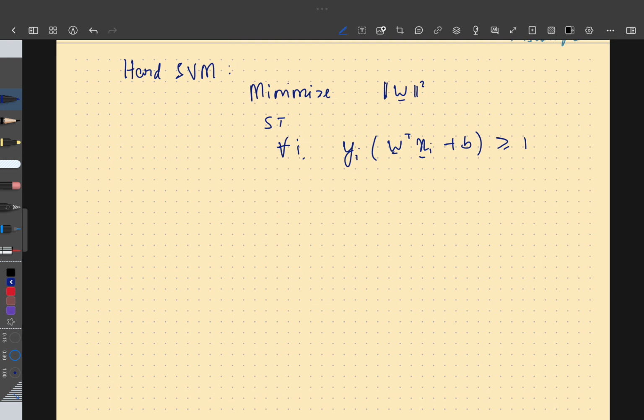Now for this, we can write down the Lagrangian and solve for the KKT conditions.